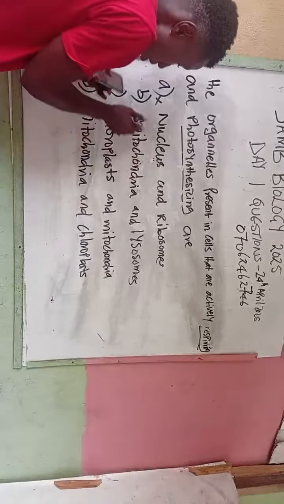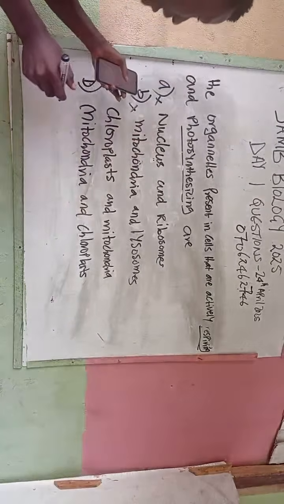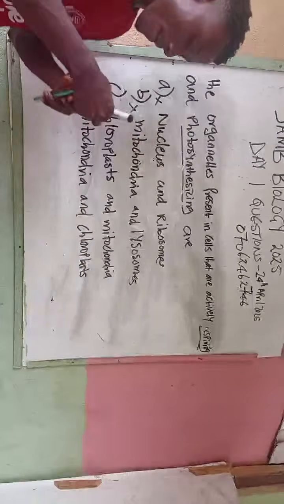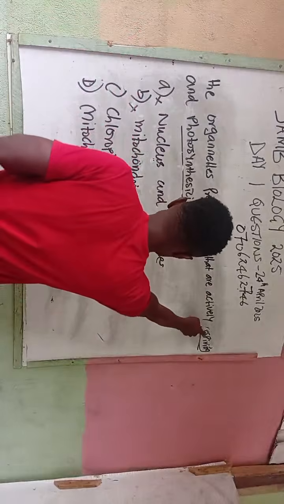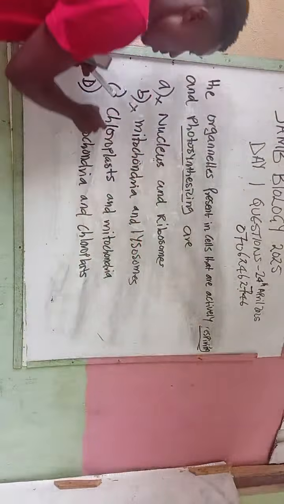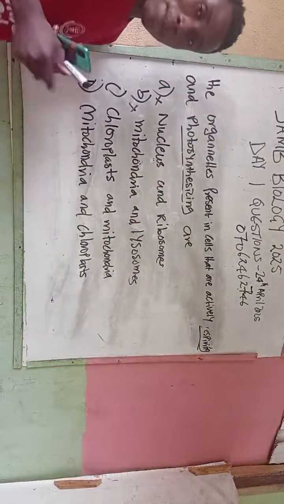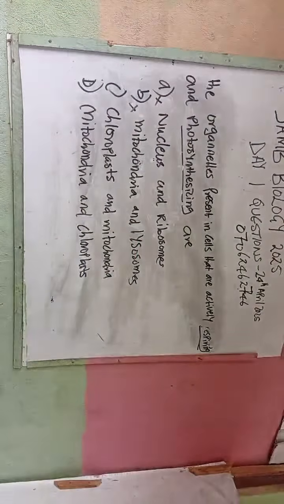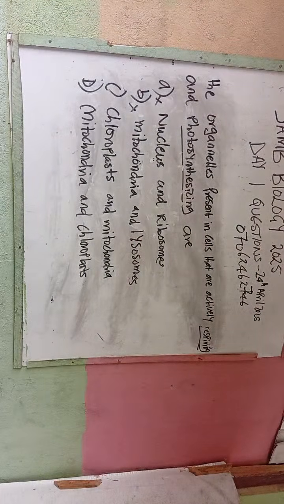So this one is wrong. C, chloroplast and mitochondria. Remember I said the first option is for respiration and the second for photosynthesis. Is the chloroplast responsible for respiration? No. Is the mitochondria responsible for photosynthesis? No.